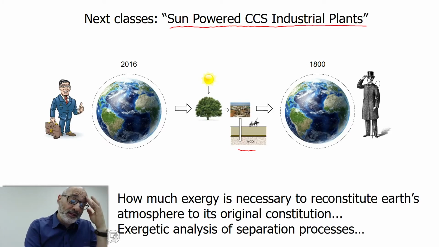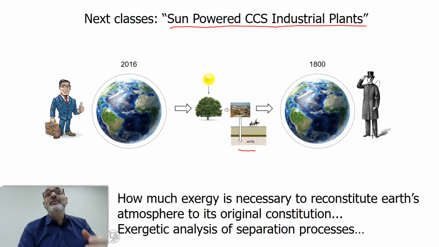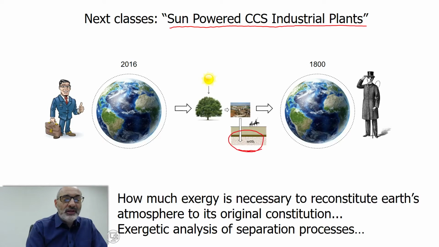An industrial plant that produces chemical compounds and energy to sustain our lifestyle, but it also captures and stores CO2 in the underground as supercritical CO2, and it takes energy from the sun.